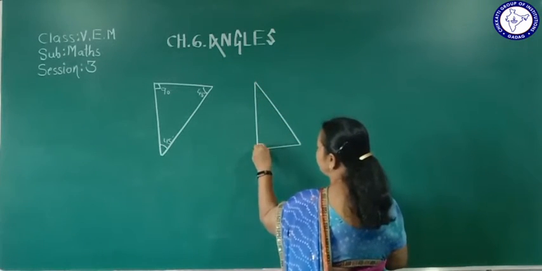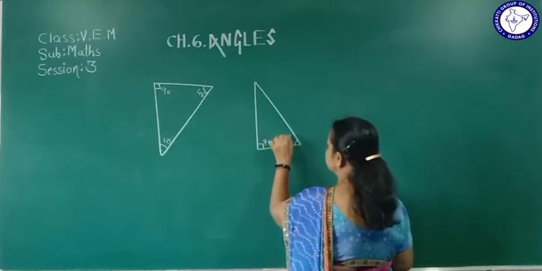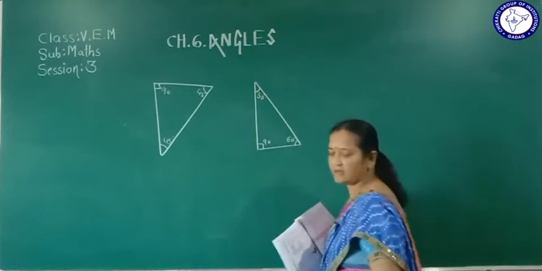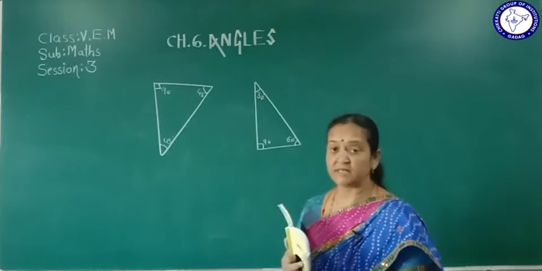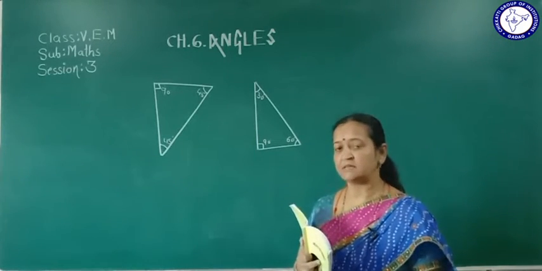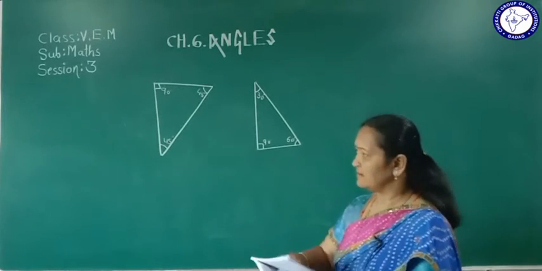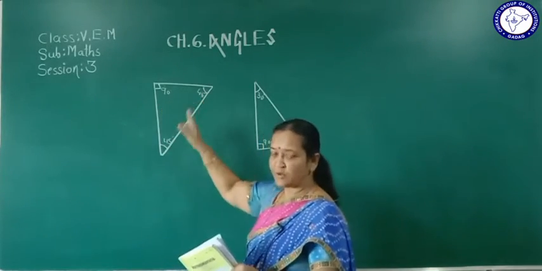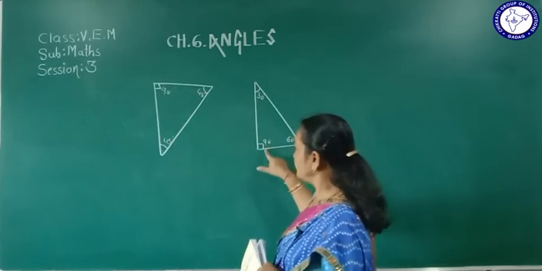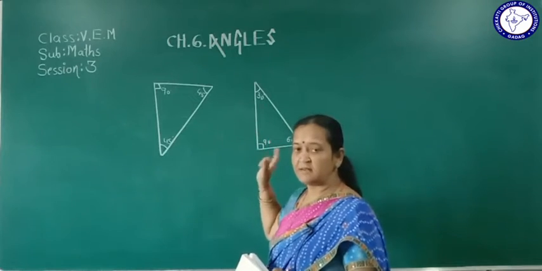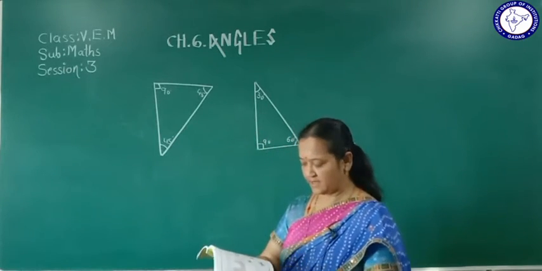Here you will find 90 degrees, this is 60 degrees and this one 30 degrees. Got this? So you can check your compass box, you will find two set squares where one angle is 90 degrees and the other two angles are 45 degrees. Then in the other set square, here it is 90 degrees and the other two angles are 60 degrees and 30 degrees.